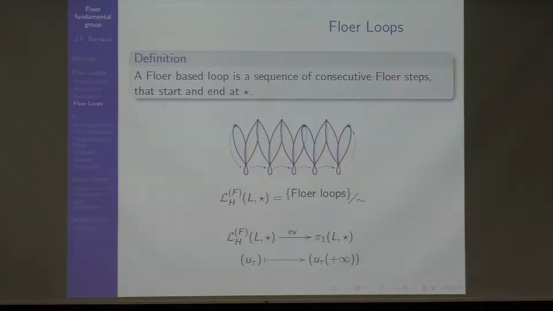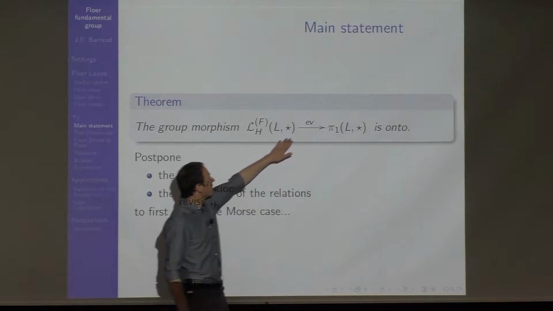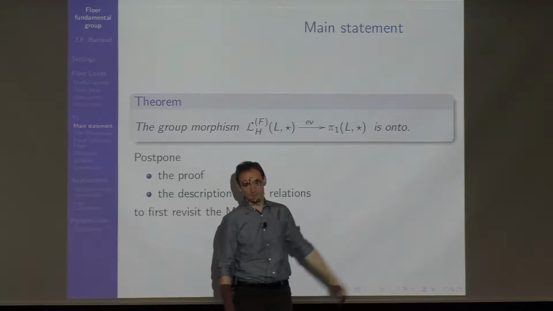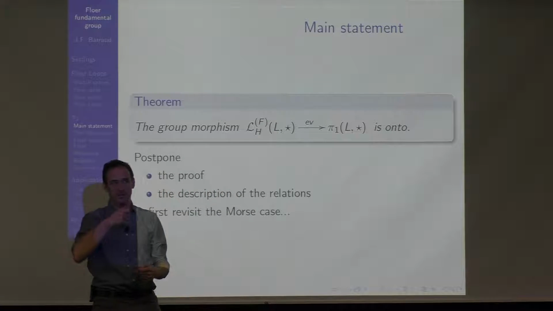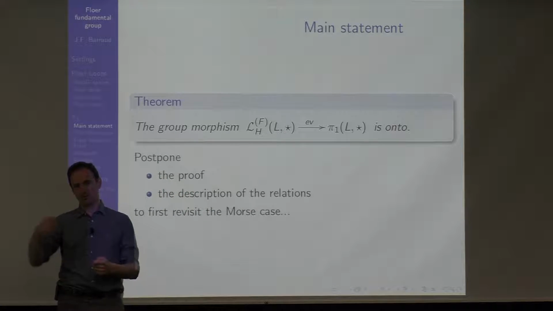And now comes the main statement. This evaluation map is a group morphism, and it is surjective, which means that any loop in the manifold is homotopic to a Floer loop, to a sequence of Floer steps.